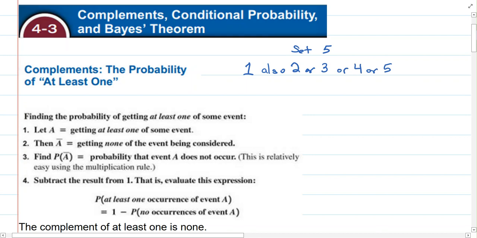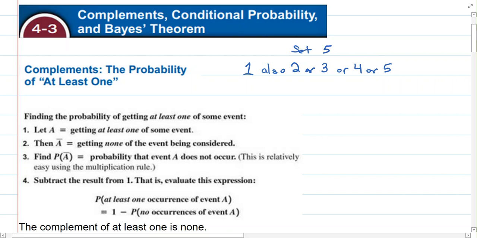At least means that I can have more than the one I needed. So the at least is one of those conditions where we quantify the probability to include many options. And this is the important aspect of this one.